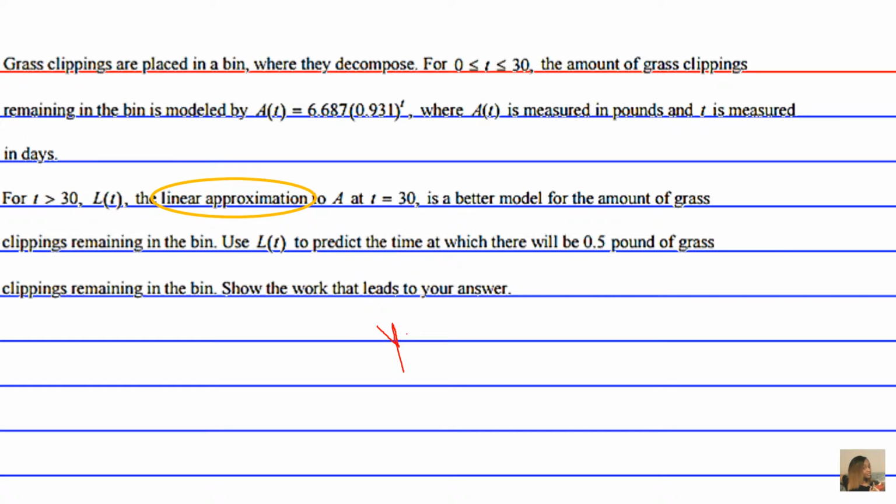So excuse any time lag: y minus y1 equals m times x minus x1, okay?